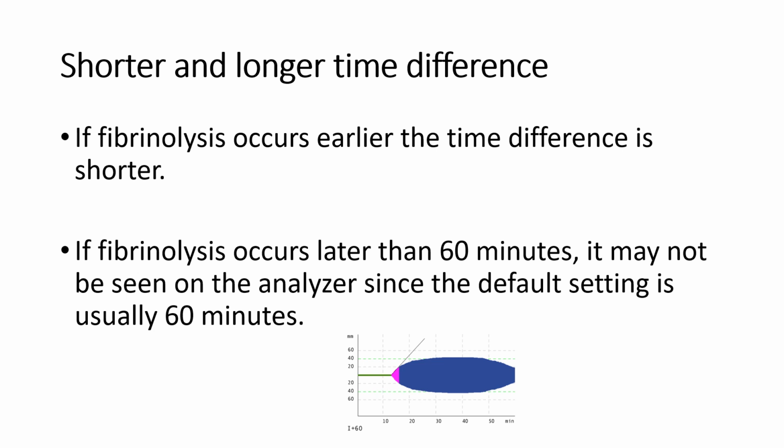In that case, the time difference is shorter. However, sometimes fibrinolysis does not occur in 60 minutes and may start after 60 minutes. In that case, you will not see that on the analyzer because the default setting is about 60 minutes. And in this case, we see that fibrinolysis started around 48 minutes and it has not been completed by 60 minutes.